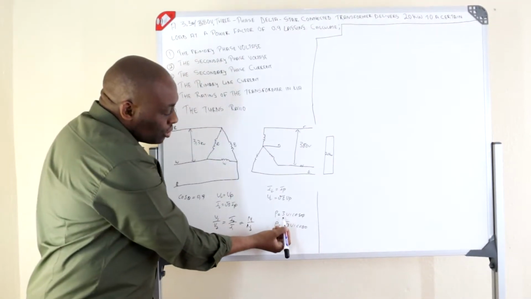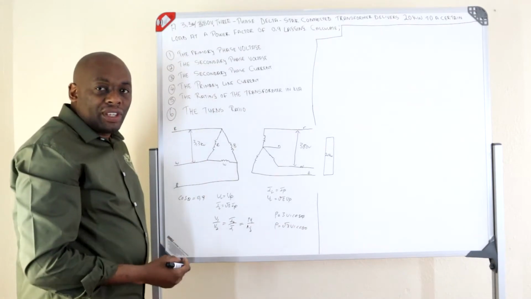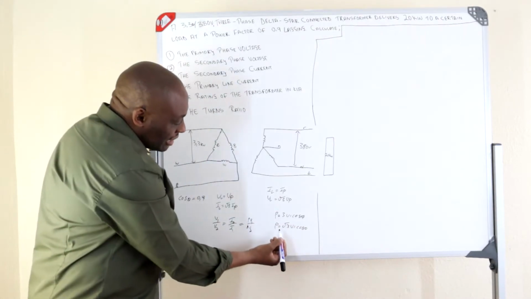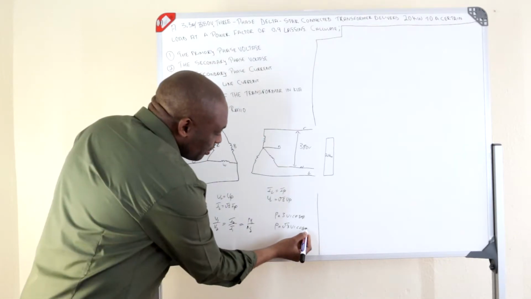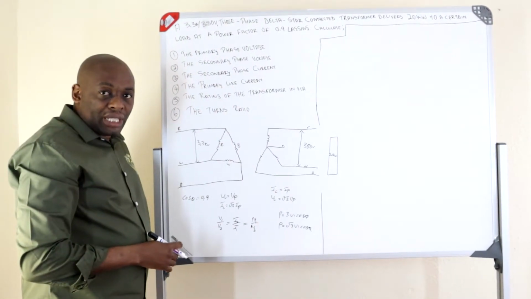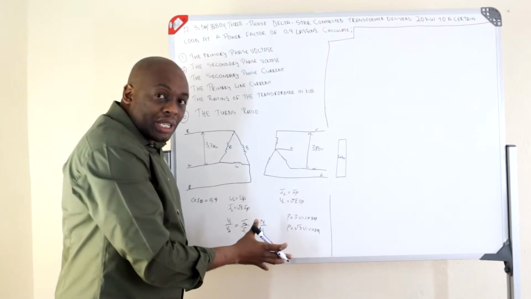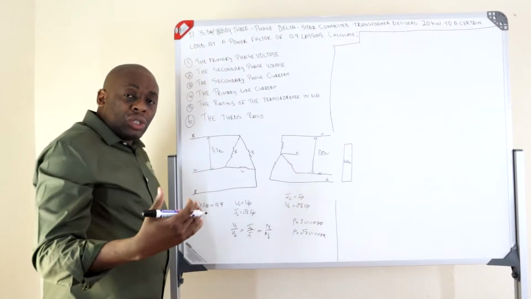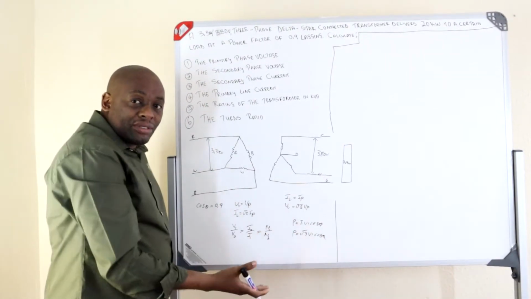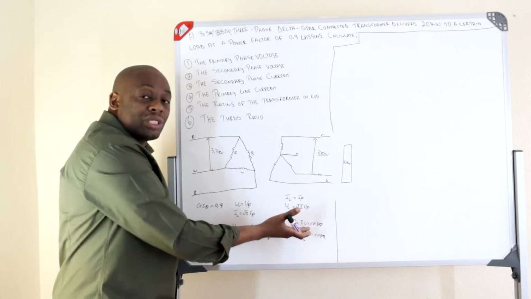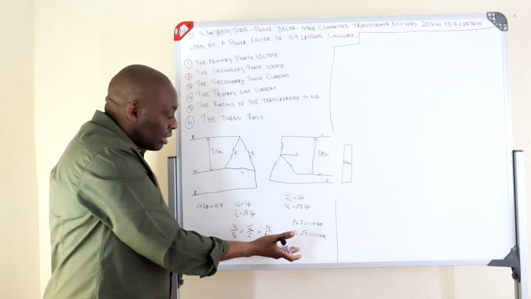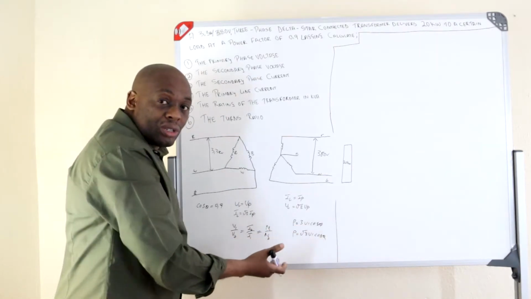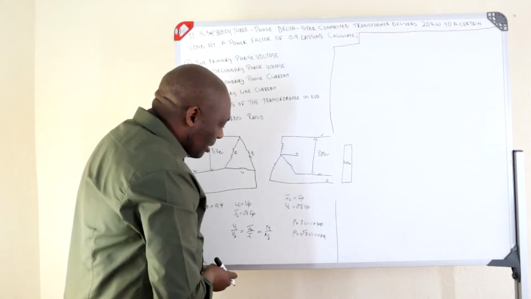This one, you use whenever you are using phase values, and this one, you use whenever you use line values. So please note that. I think there will be a question that applies both of them, so that the learners can see the difference: when do you use P is equal to 3 VI cos phi, or when do we use P is equal to the square root of 3 VI cos phi.